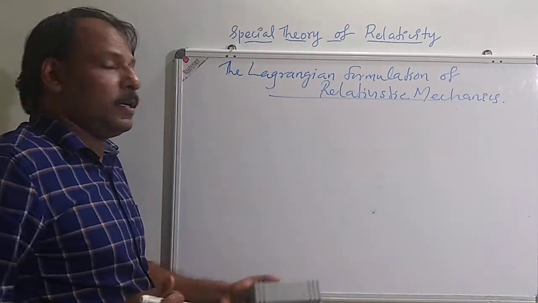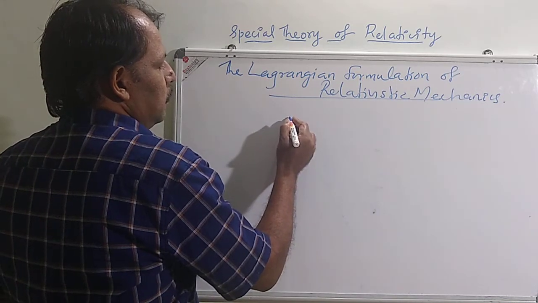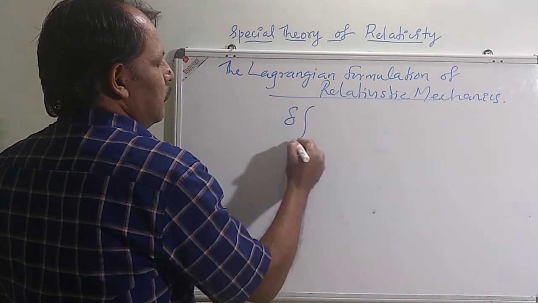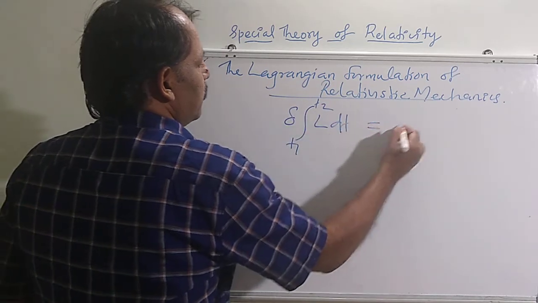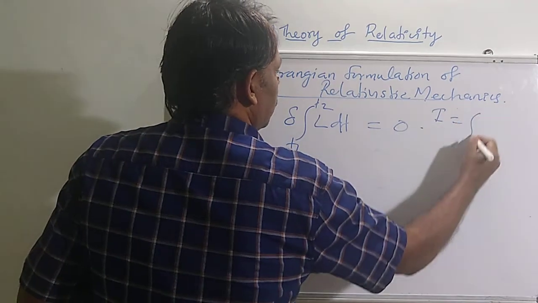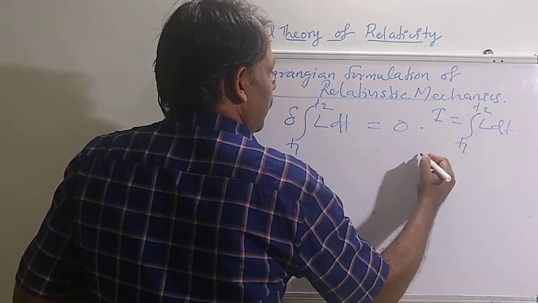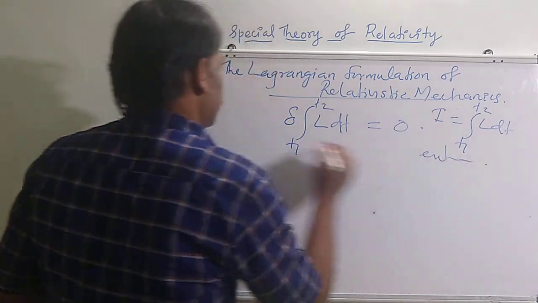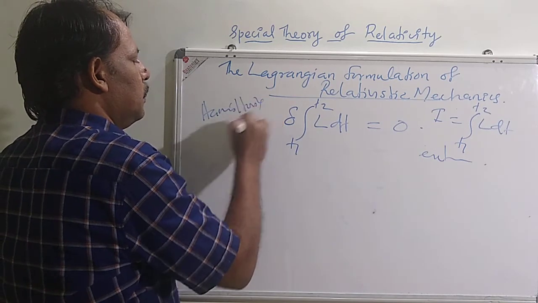We have Hamilton's principle as delta integral t1 to t2 of L dt equal to 0, or the integral I equal to the integral from t1 to t2 of L dt should be an extremum. So this is Hamilton's principle.